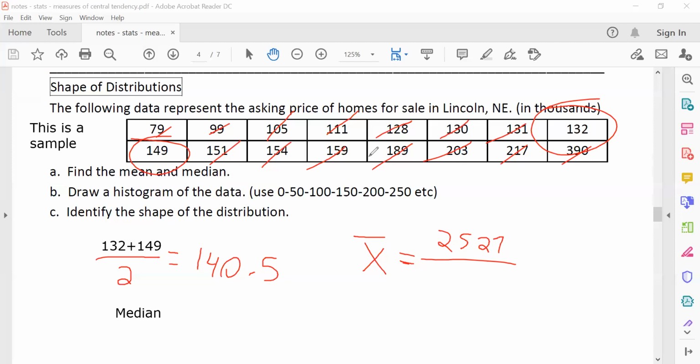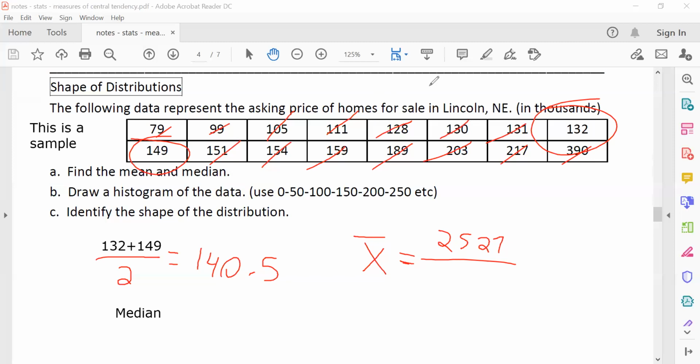79 plus 99. I'll go at lightning fast speed, like everyone's internet claims it is, but it's not actually that fast. I got 2527 again.